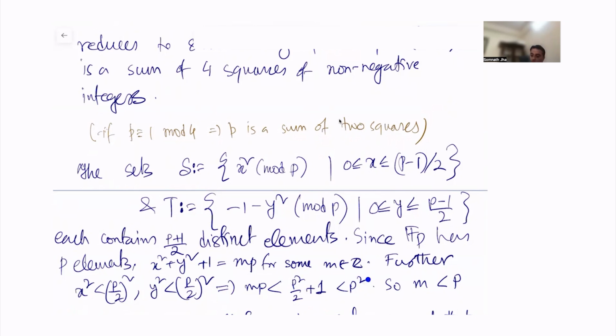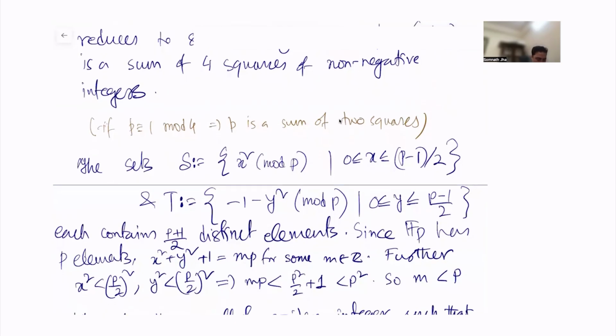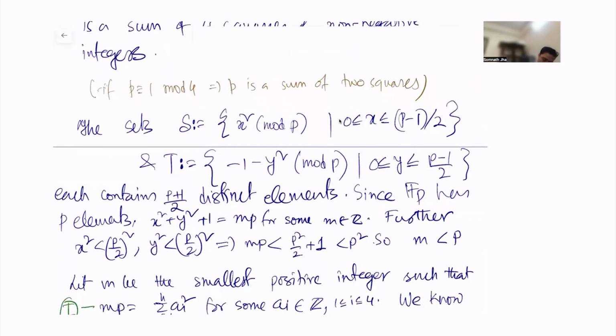And because p is greater than 2, at least 3, this is less than p squared. So mp is less than p squared, everything is positive, so you cancel and you get m is less than p. So 0 is less than m is less than p.